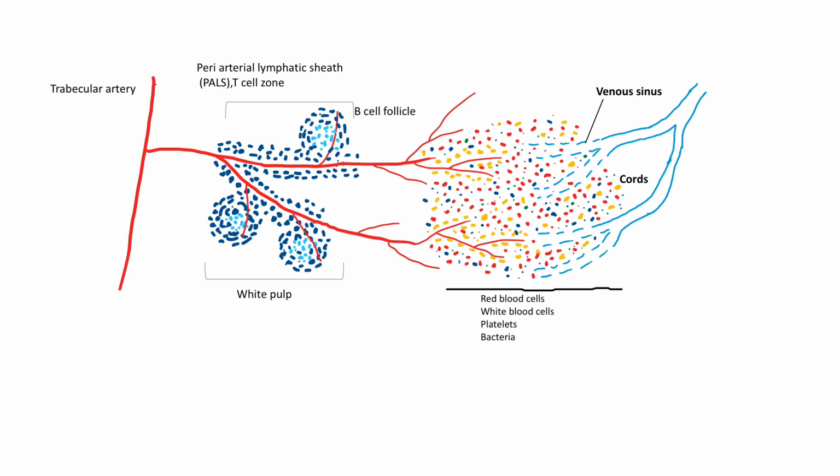It appears red due to the presence of numerous RBCs that have left circulation through open-ended capillaries. The red pulp of the spleen has two important structural components. One is venous sinuses and the second is splenic cords. Venous sinuses have gaps between adjacent endothelial cells and they also have a discontinuous basement membrane.